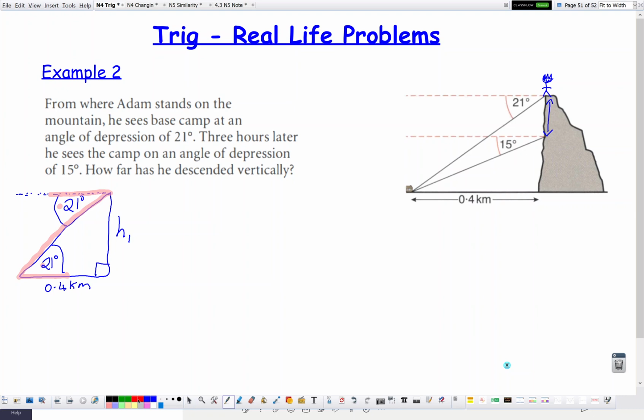So now I've got a triangle with angles, and I should be able to find this vertical height. The hypotenuse would be this side over here, which I'm not going to use. Stand on my angle, go across is going to be the opposite side, and the side next to the angle is the adjacent side.